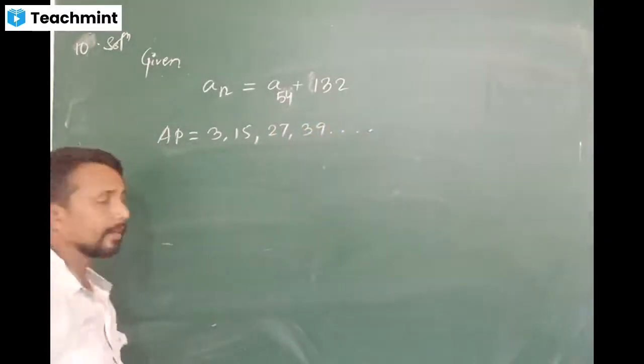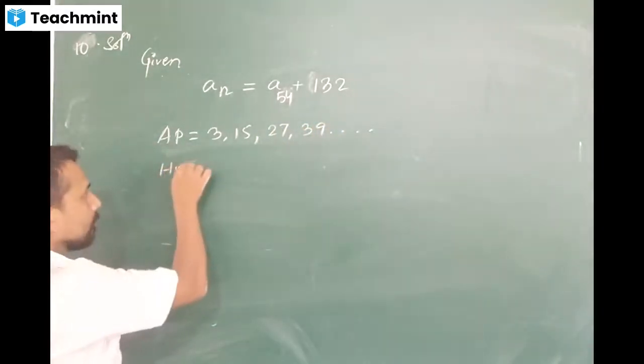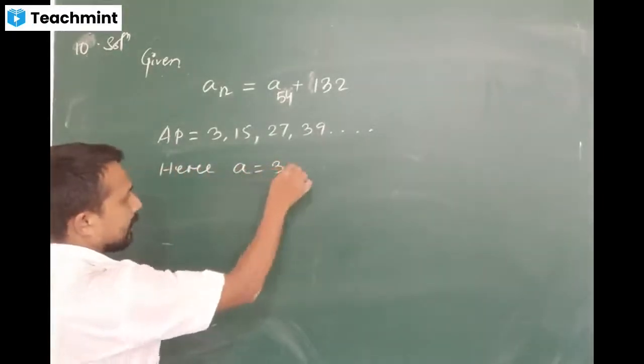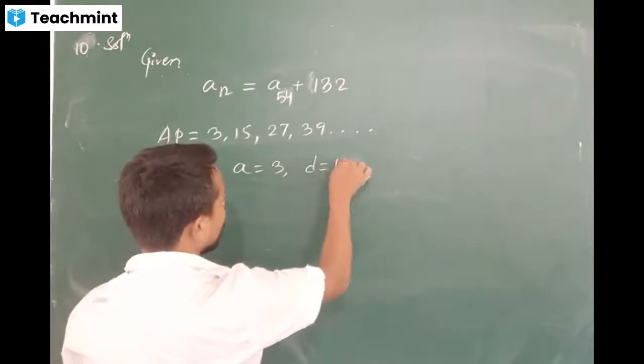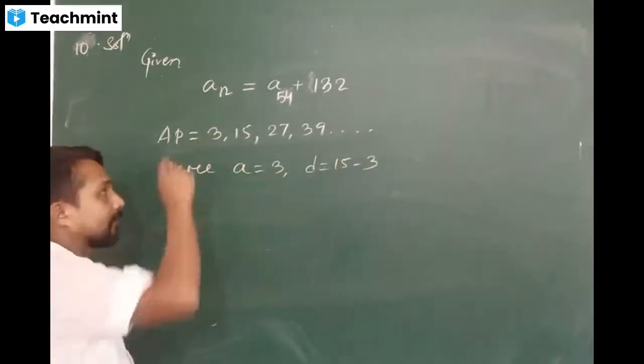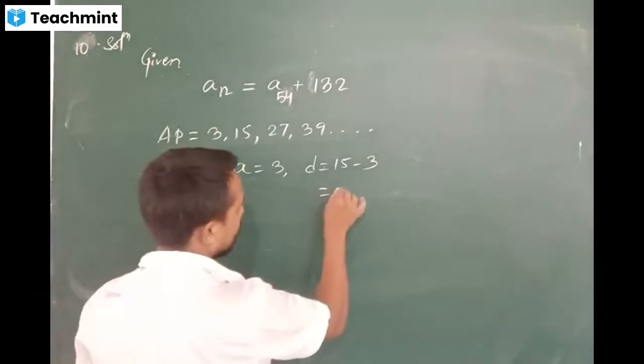Here the A value is 3 and the difference is 15 minus 3. From the second term you have to subtract the first one.